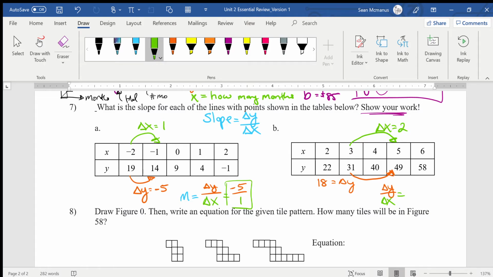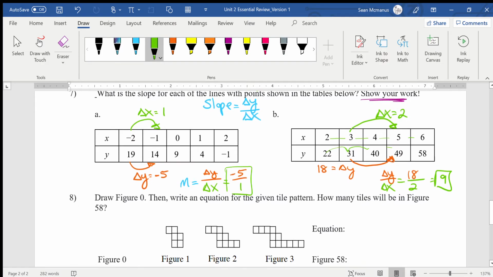So my slope is change in y 18 divided by change in x 2. So 18 divided by 2 is 9. So my slope is 9. And if I actually look at every single one of these, 2, 3, 4, 5, 6, these are going up by 1s, and these are going up by 9s right here. So 9 over 1. If I would have picked the ones right next to each other, I would have had the same outcome.